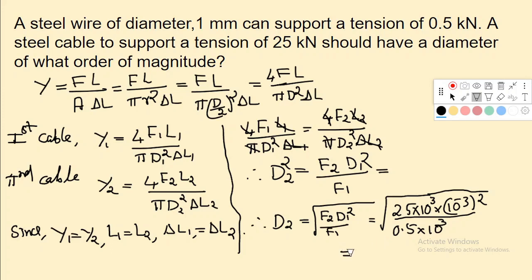So after the calculation, you will get the diameter should be 7.07 into 10 raised to negative 3 meter. So that is equal to 7.07 millimeter. Okay, this should be the diameter of the second steel cable.